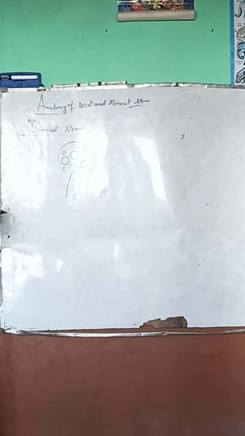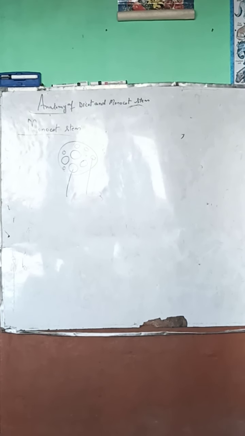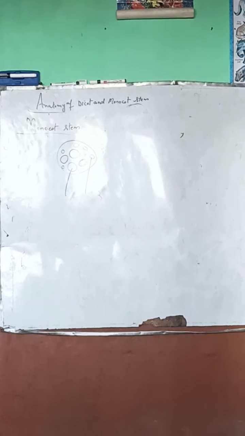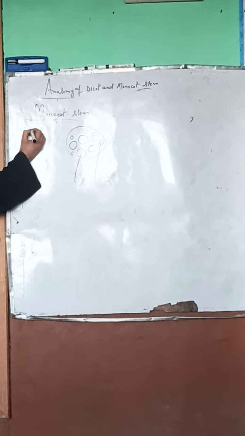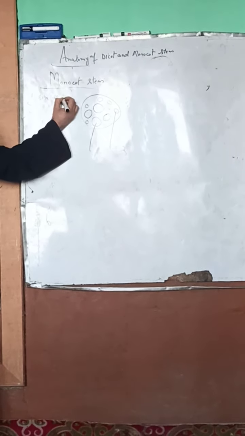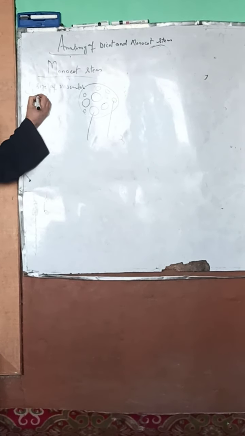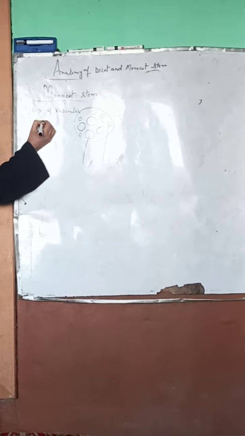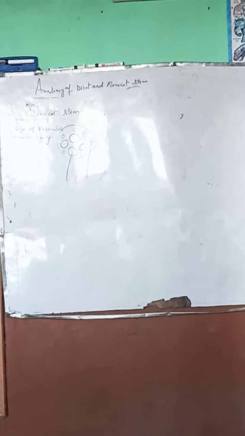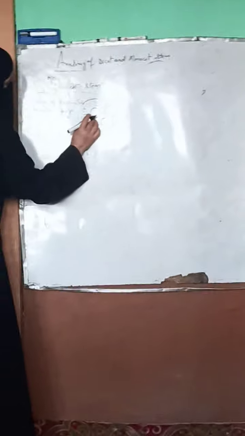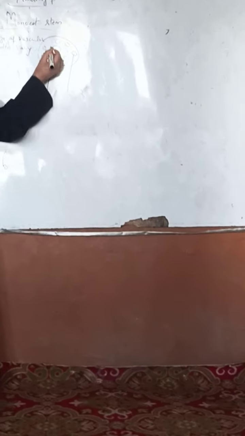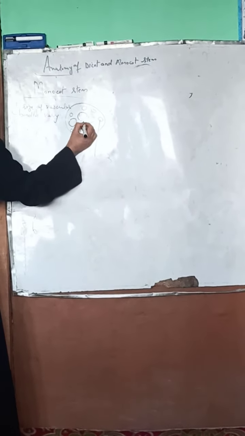So in case of the monocot stem, the size of vascular bundles varies. They are of different shape and size, and in the center there is pith.